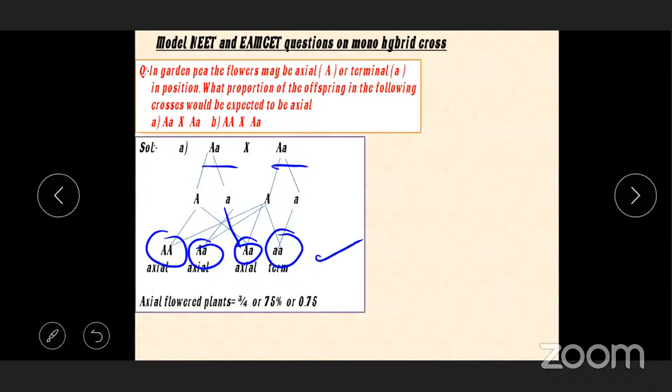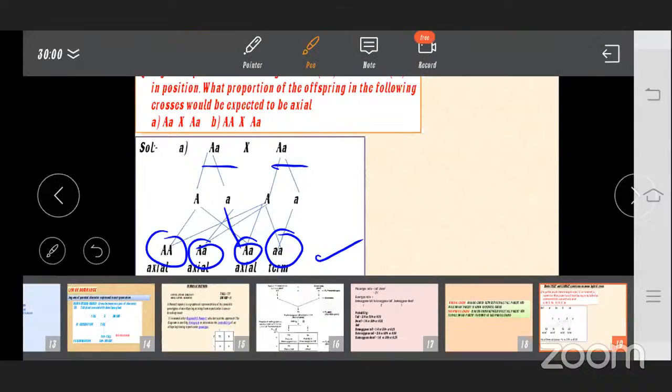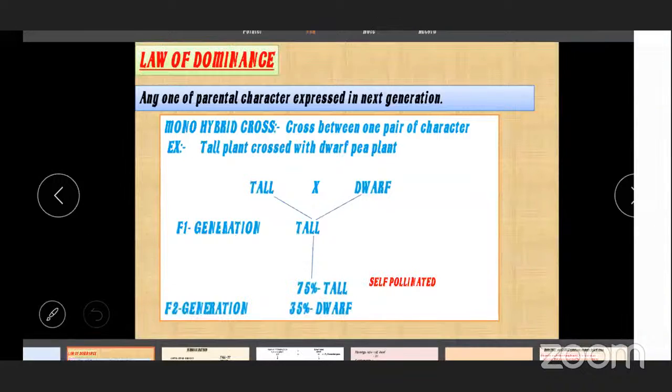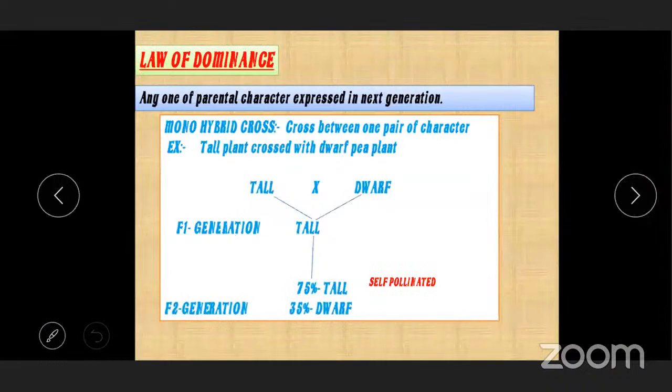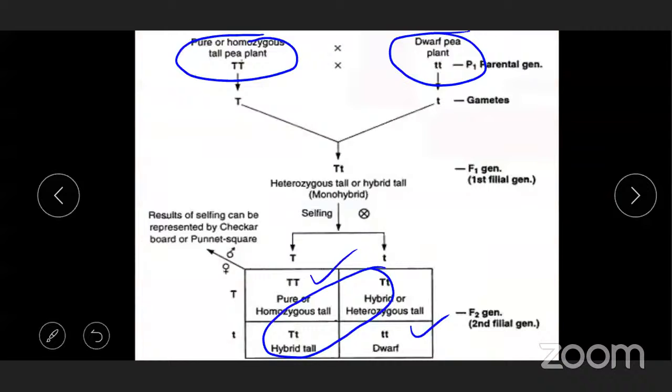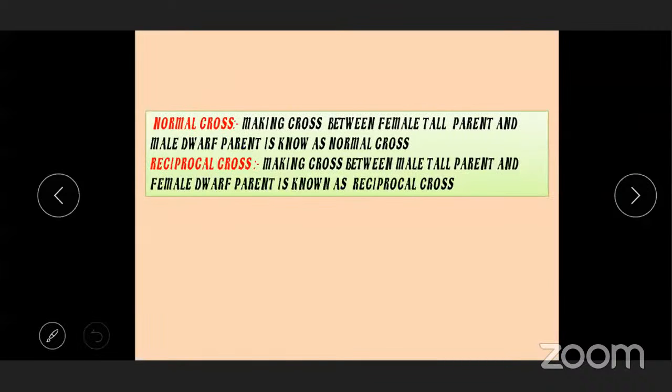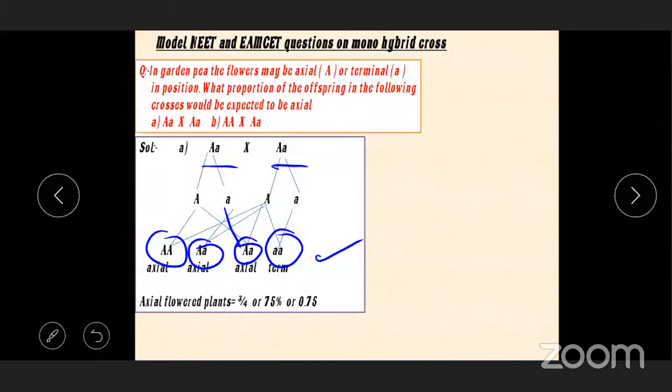So axial flower plants are 3/4 or 75% or 0.75. Out of 4, how many axials are there? Three axials are there. That is why 3/4.